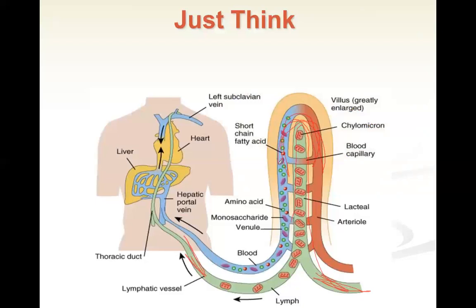So large fats and fat-soluble vitamins are absorbed through the lymph, and they travel in something called chylomicrons, which I like to say are little fat taxis and help carry these large fats and fat-soluble vitamins through the lymph. Smaller fats actually can cross into our bloodstream, and so are absorbed that way.